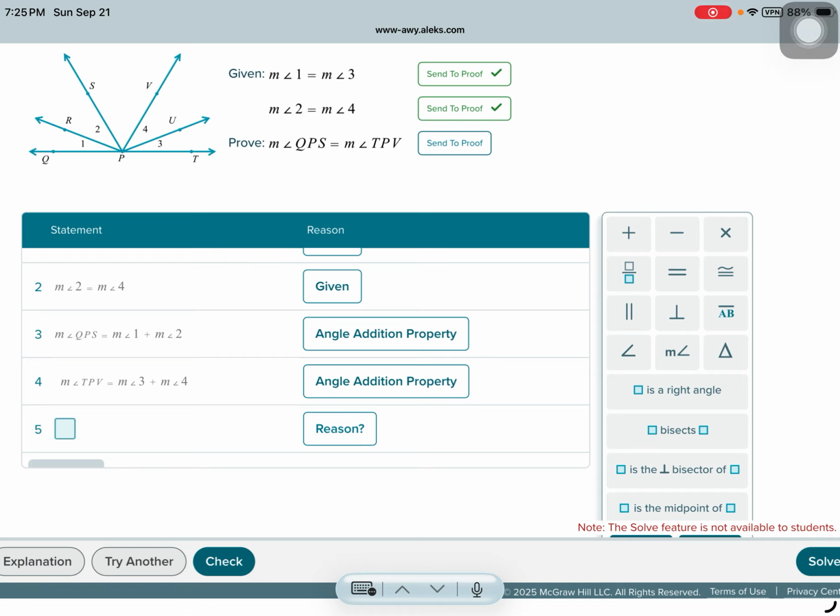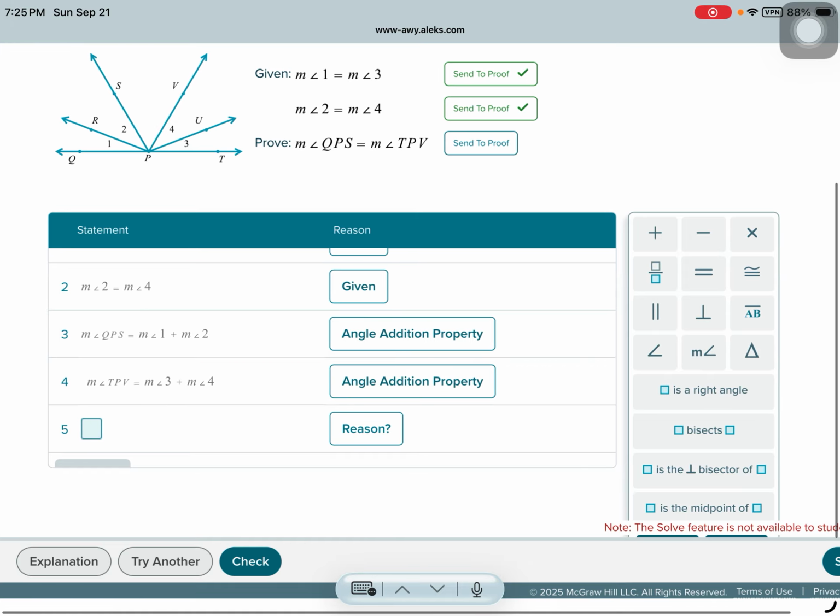Well, they are equal to the same thing, right? So what I'm going to do, and this is the trickiest part, I am going to substitute out one of their sets of angles with equivalent angle numbers.